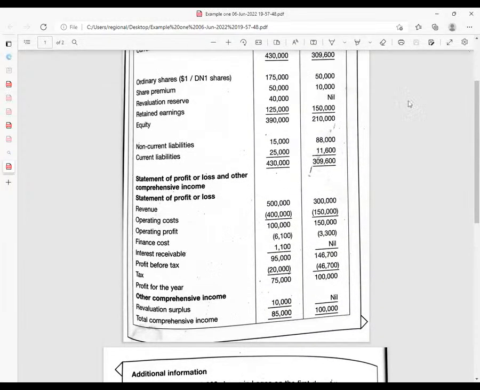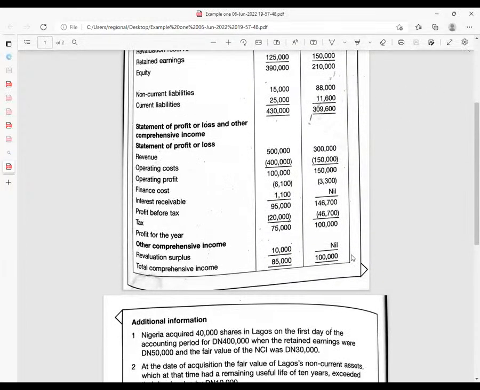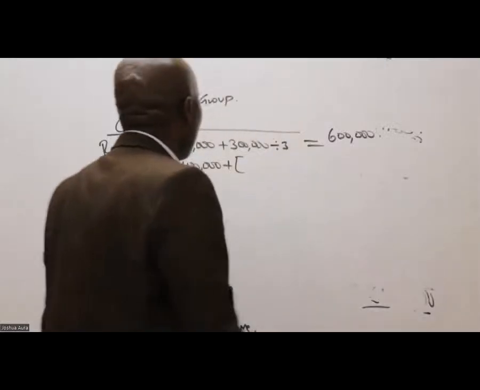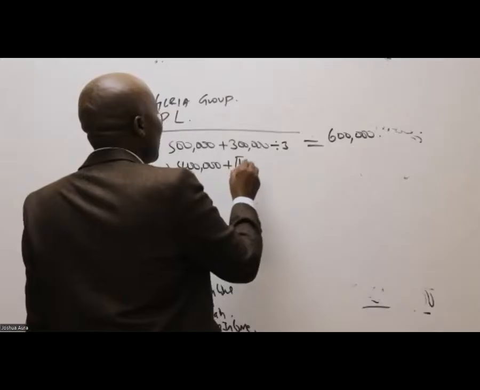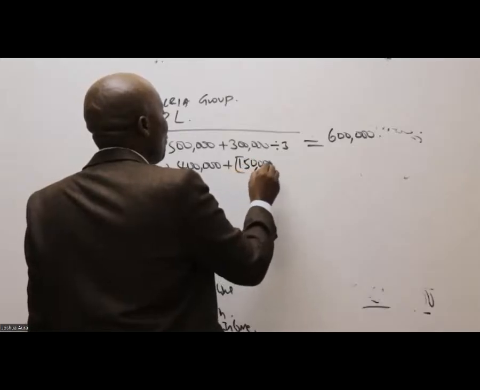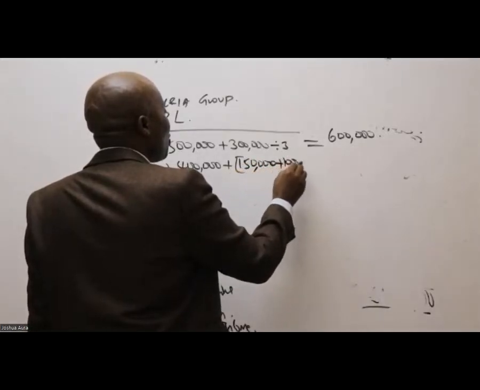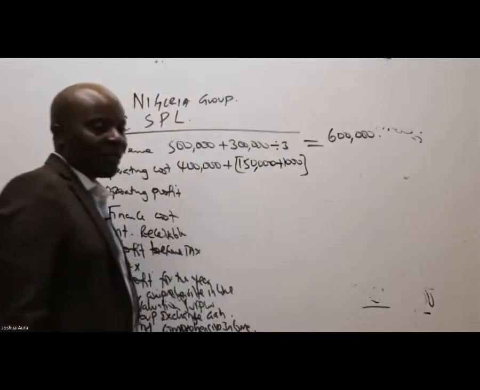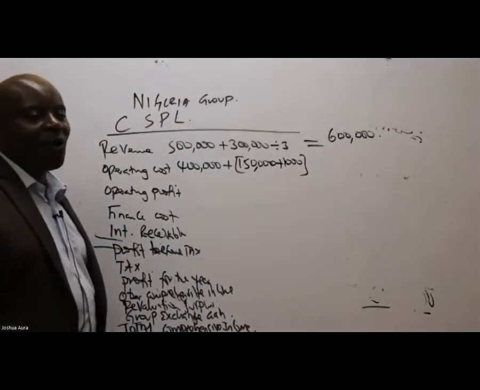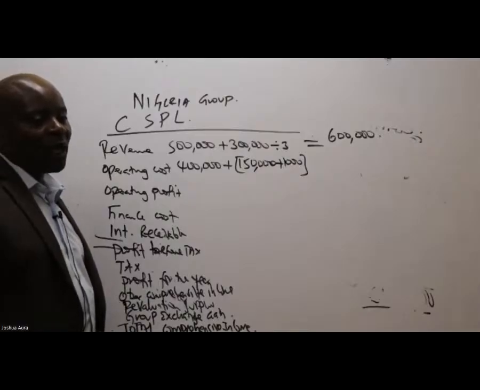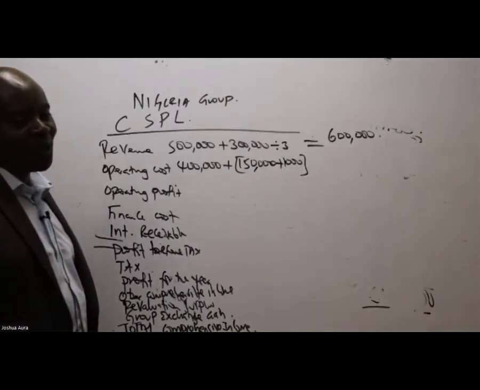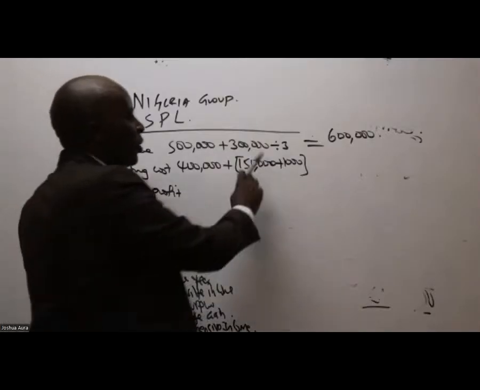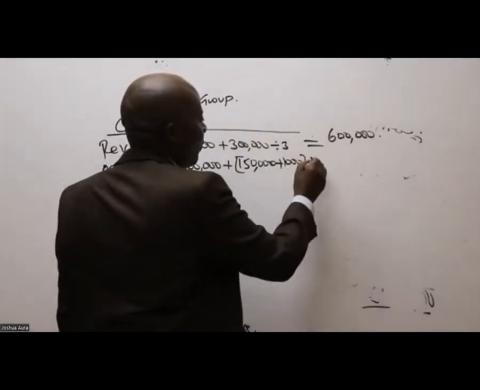Operating cost of the subsidiary, you can see it's 150,000 DNs. But remember, there is another operational cost that so many people will forget. There was an additional depreciation which came because of your fair value adjustment. That automatically will go to the operations. So these two are in DNs. They have to be divided by 3.